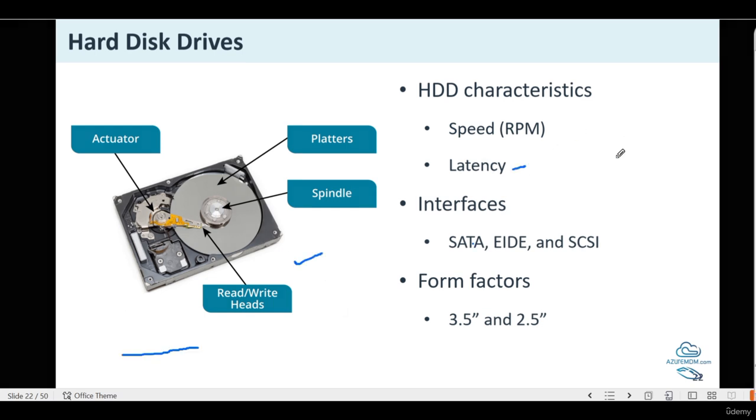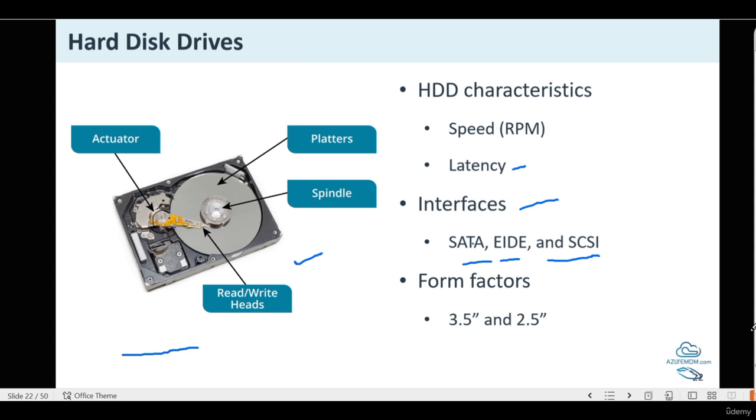Latency. It is a slight delay when the disk spins to the right position for data access. Higher RPM reduces latency. Interfaces like SATA, EIDE, and SCSI. SATA is most common and balanced in speed. EIDE is older but has a slower speed.